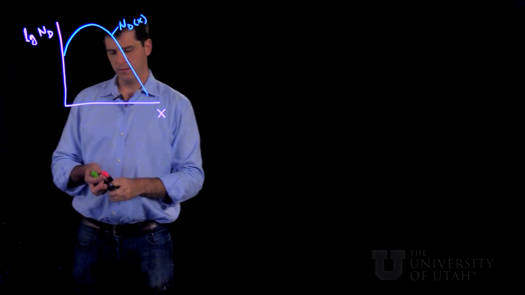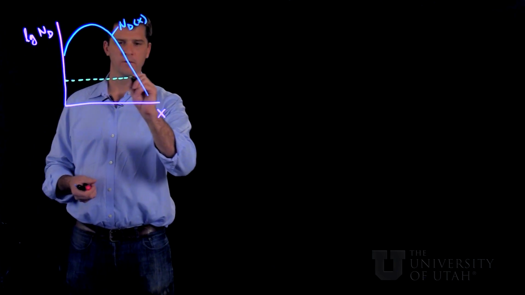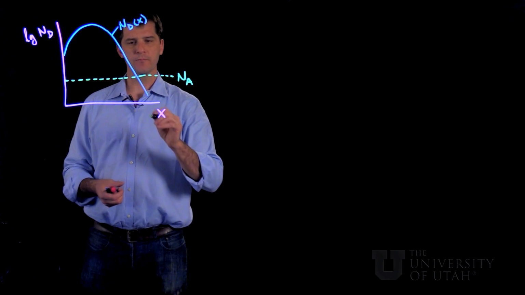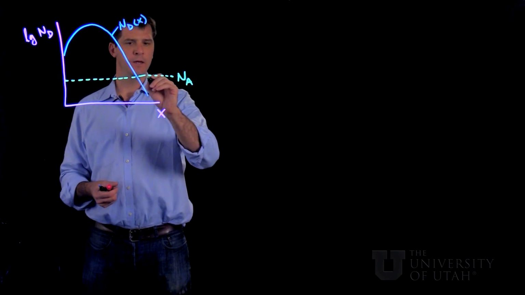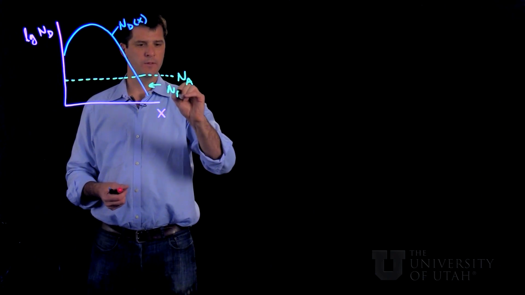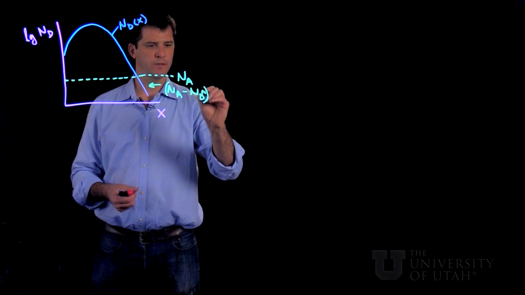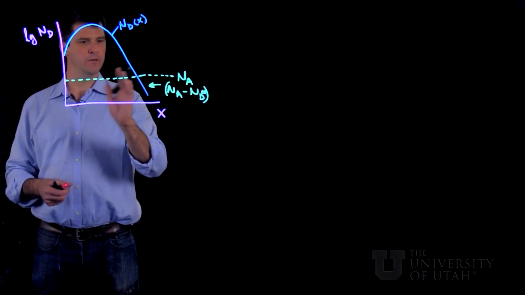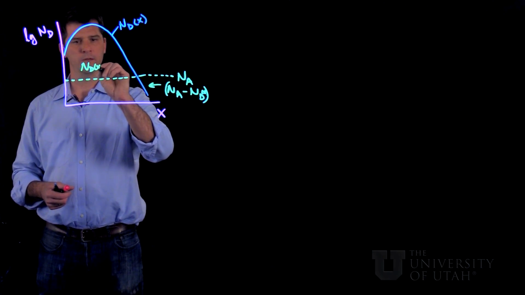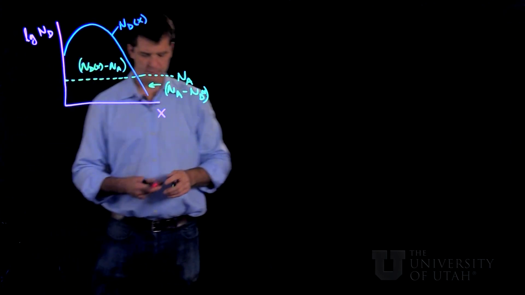Now realistically, the wafer will have some background doping. Let's call this NA. So the net charge density would be NA minus ND of x here, and on this side it will be ND of x minus NA. This is the net charge density.